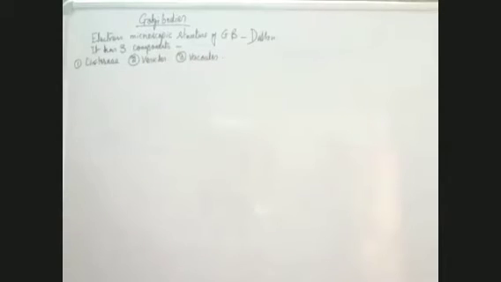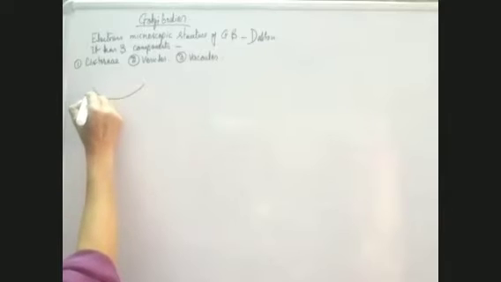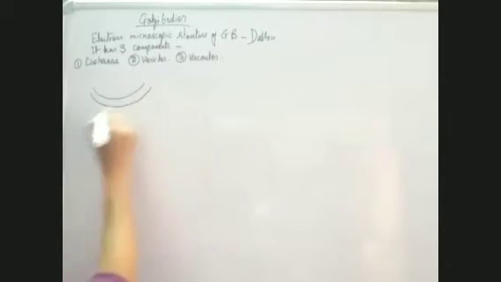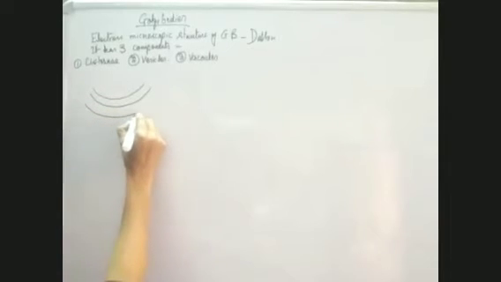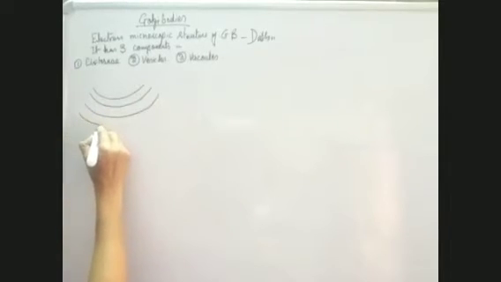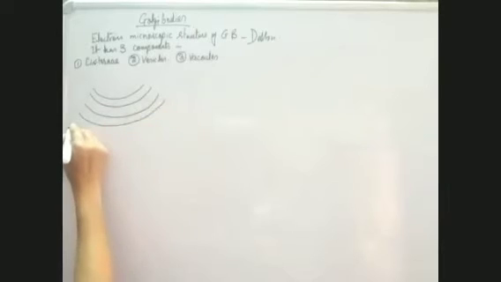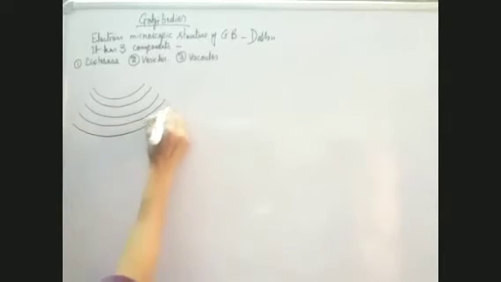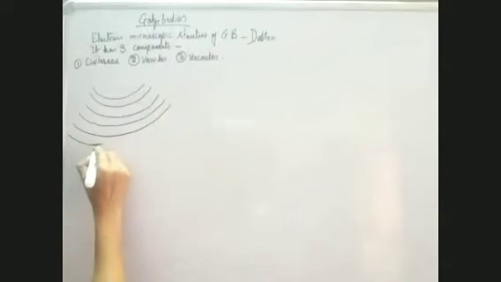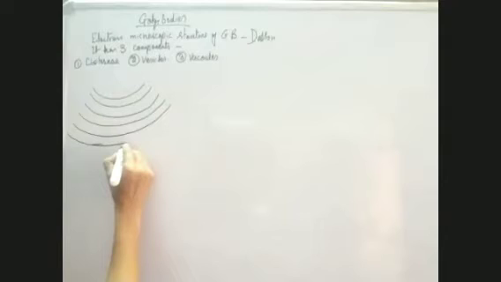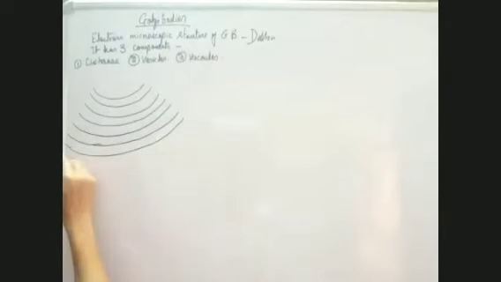Now, if we see the ultrastructure, we find it like this: one cisternae, second cisternae, the third cisternae, and the fourth one.